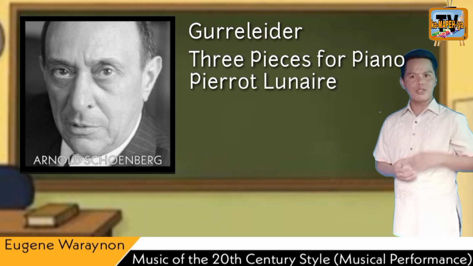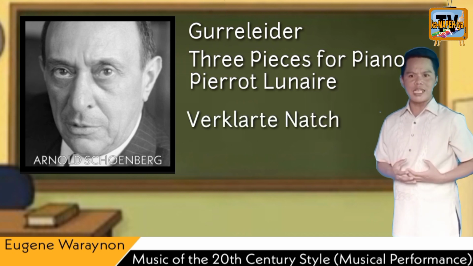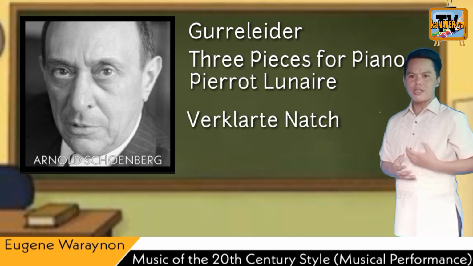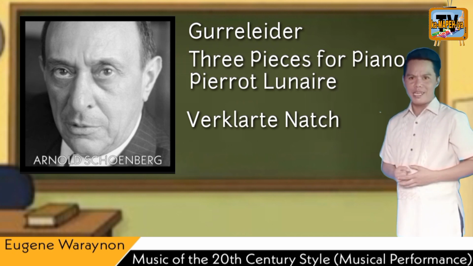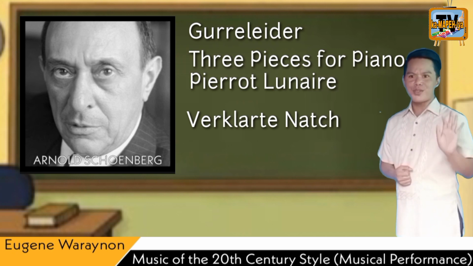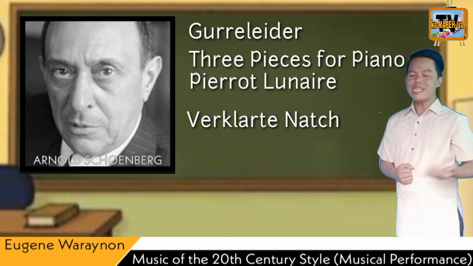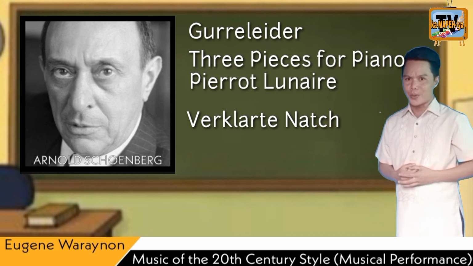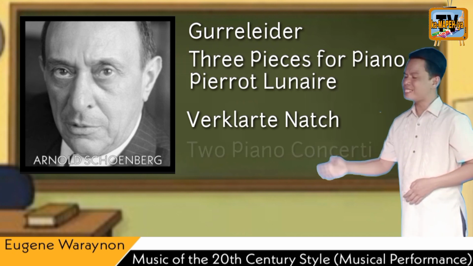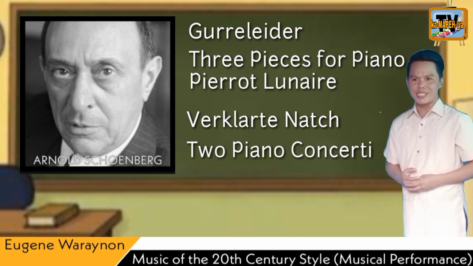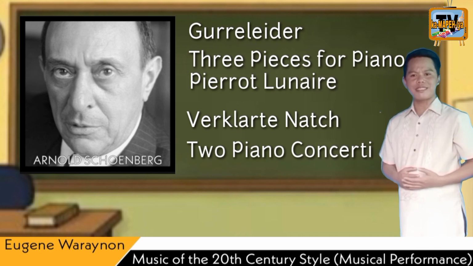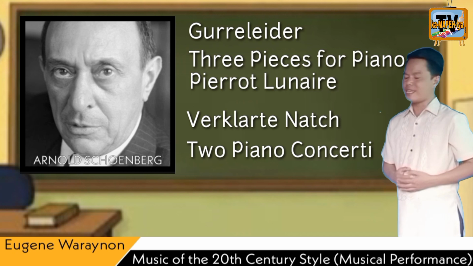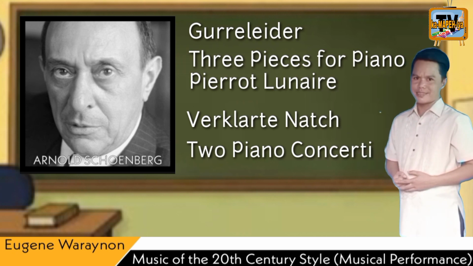Another work of Schoenberg is Verklärte Nacht. Verklärte Nacht is a string sextet in 1 movement composed by Schoenberg in just 3 weeks, and it is considered his earliest important work. Then the 2 piano concerti, which is one of his later works written in America.